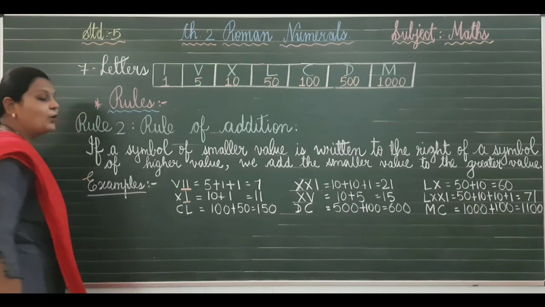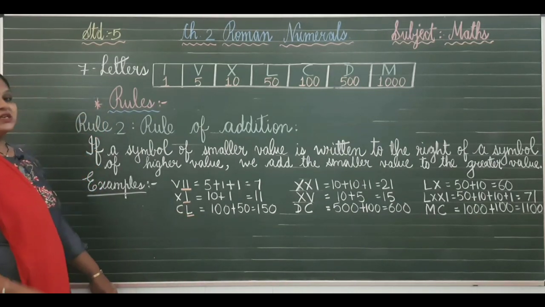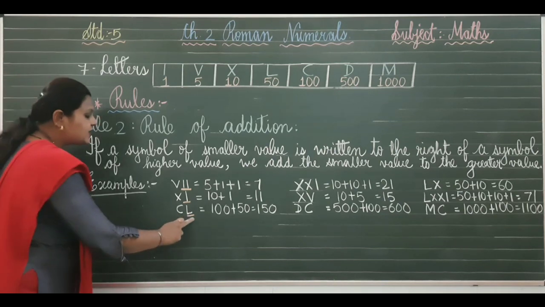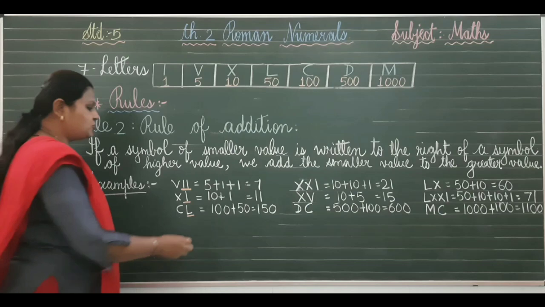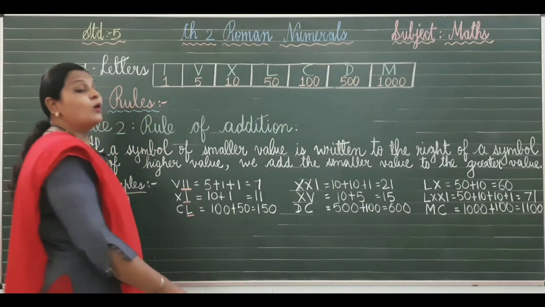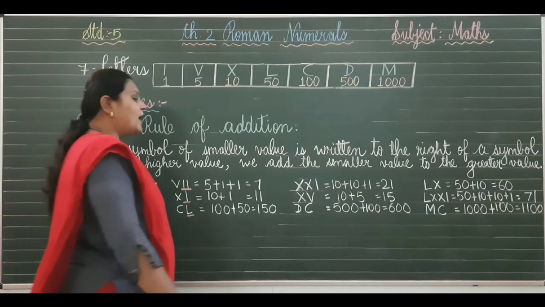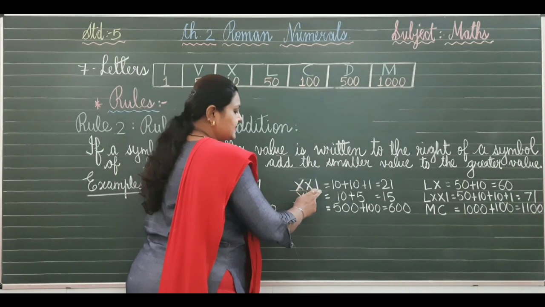C stands for 100, L stands for 50, which is smaller. Right hand side smaller value is given. So again addition, 100 plus 50 is equal to 150. Now next example, double XI.